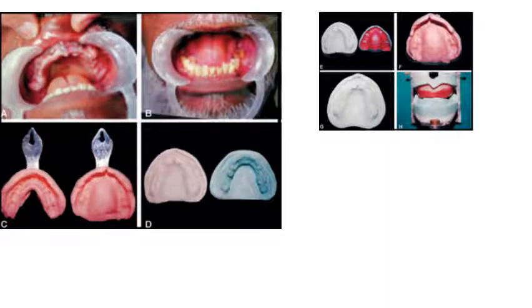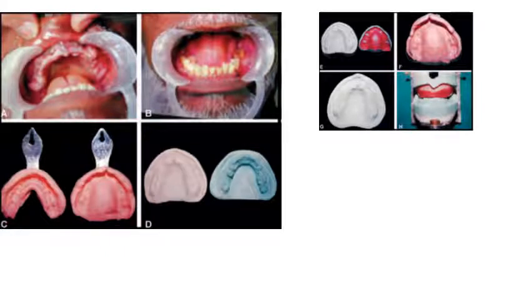As you see here in this picture, this is a case of upper complete denture opposed by lower natural dentition. The primary impression was made from an alginate impression material, then poured with dental stone, and the final impression made with a spaced special tray.